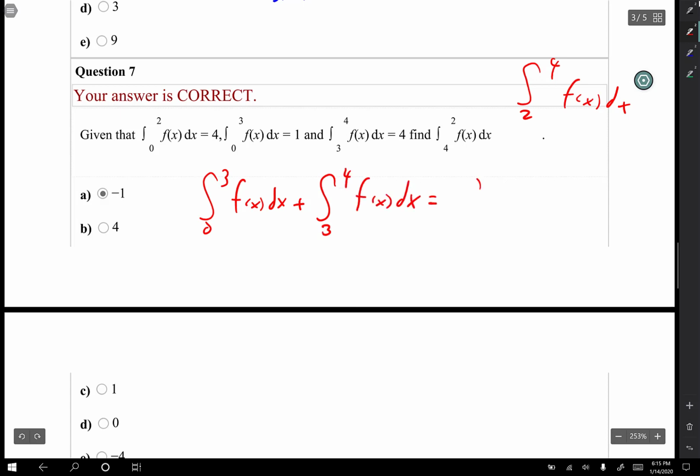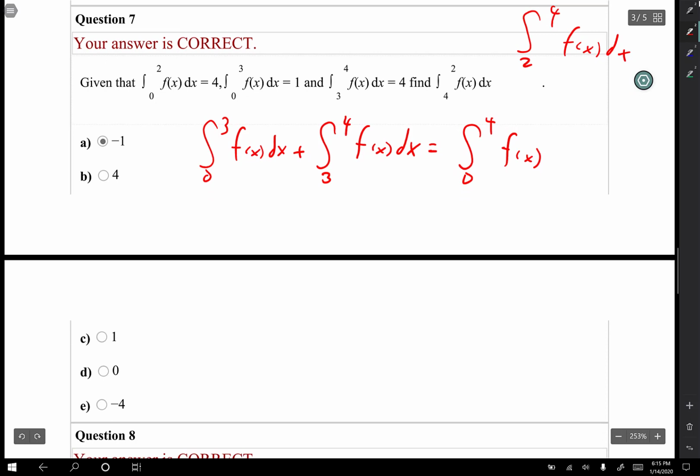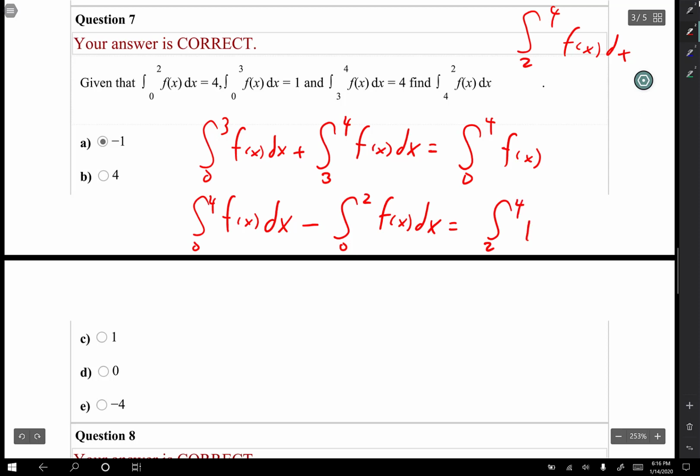That's going to give me the area of the curve from 0 all the way to 4. And then if I have the area from 0 to 4, and I subtract the area from 0 to 2, that's going to give me the area from 2 to 4, which is what I want.